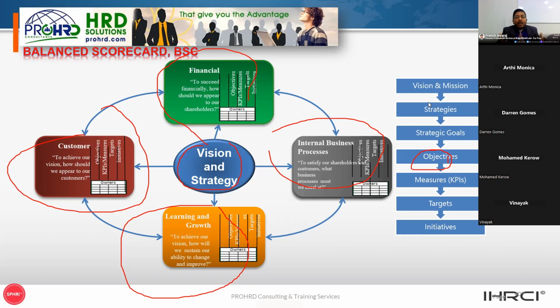Leading KPIs are activity or task-based metrics that are measured early and can be influenced to affect future outcomes. For example, if you give proper customer care training to your customer-facing frontline executives, if you take care of them, they'll take care of the customers and bring more revenue.